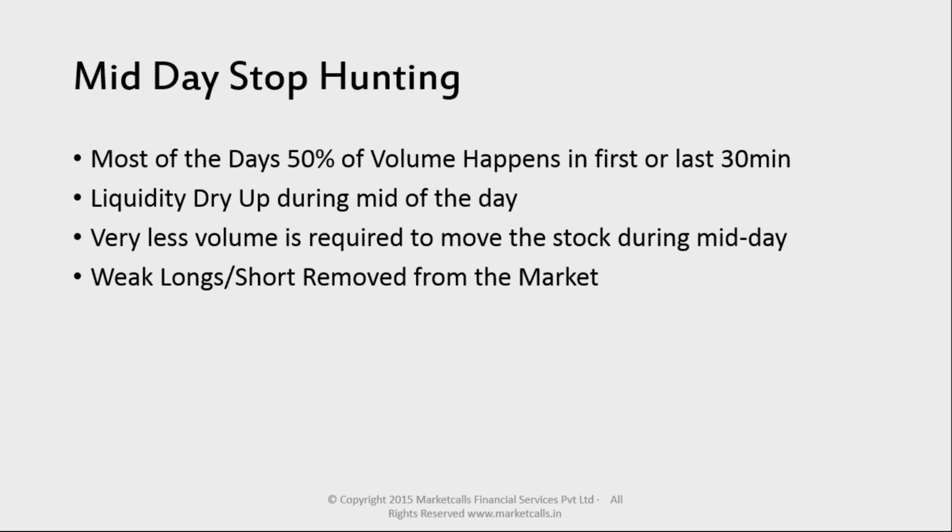From a system trading perspective, it may not matter much, but if you are able to spot a midday stop hunting with certain behavior, you can use this as a filter to avoid such bad trades. If you're able to spot where the stop hunting is, where weaker players are entering, you know what direction to trade, and you can put a ban on your system.